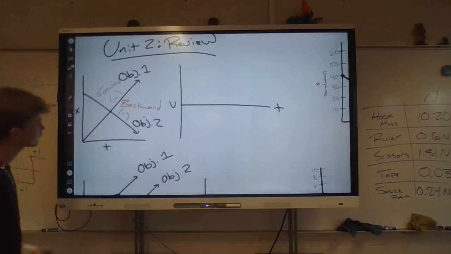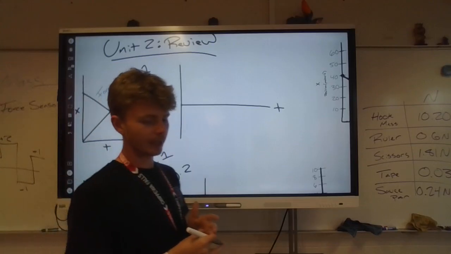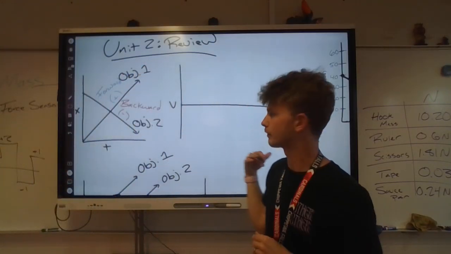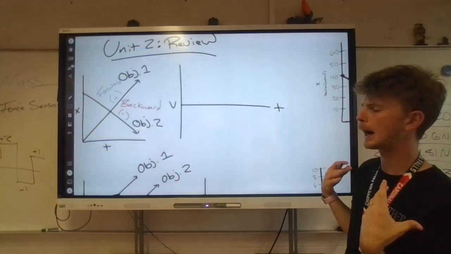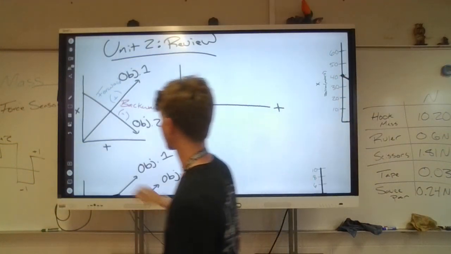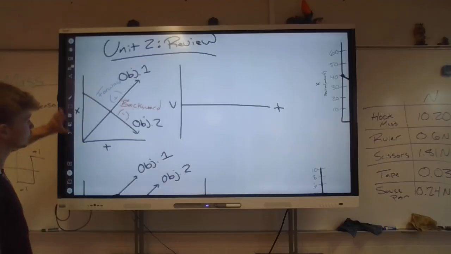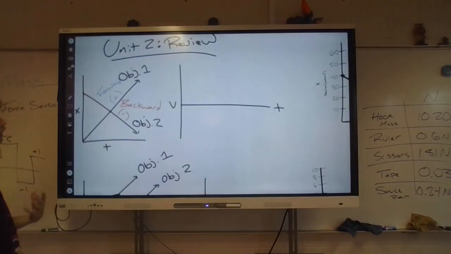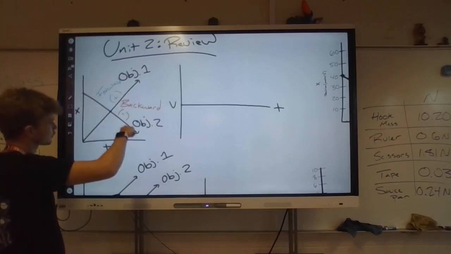Now, without any numbers, is there an easy way to determine which one is faster? Well, that's hard to say because if we don't have any labels like 1 second, 2 seconds, 3 seconds for time, or 1, 2, 3 meters for x, we can't really determine which one may be faster. This line looks pretty steep, this line looks pretty steep, this line looks pretty steep.